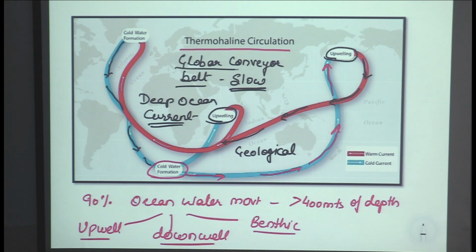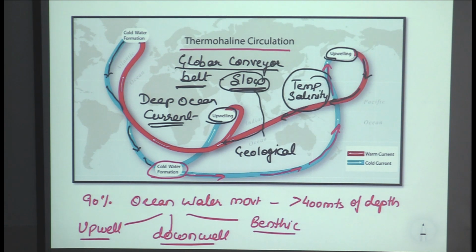And global conveyor belt is actually generating what is called the temperature, the salinity and thus the habitability mix for the ocean aquatic ecosystem. So it basically is a subsurface current system which accounts for 90% of the ocean water movement, but is not having that prominence from the perspective of human life, because it's slow.